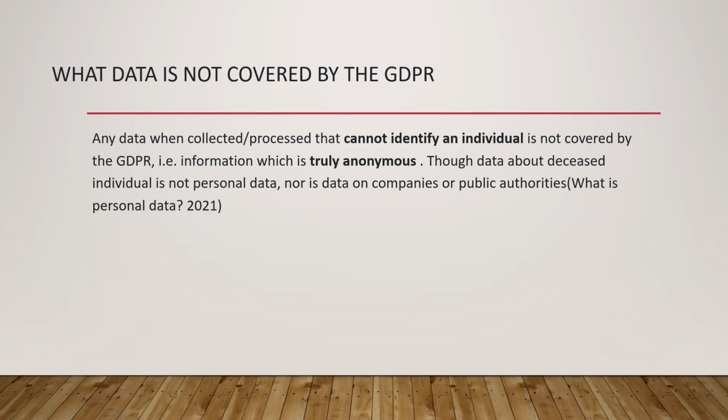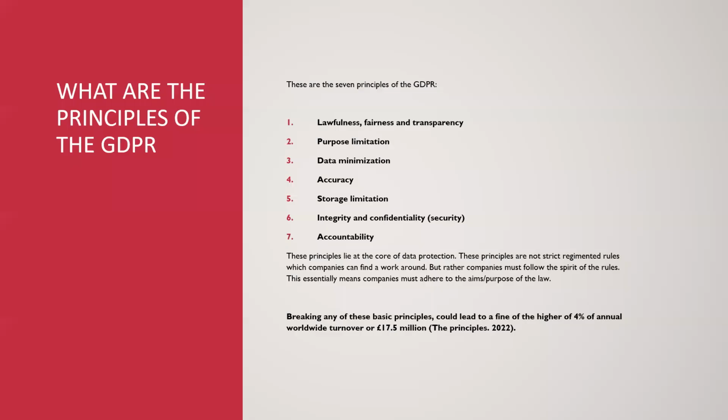Interestingly enough, data about a deceased person is not personal data, so it does not fall under the GDPR. Though there are other remedies for this, just so you know, data about your loved ones is not considered personal data and may be accessible to companies or public authorities. Again, data on companies or public authorities is not considered personal data.